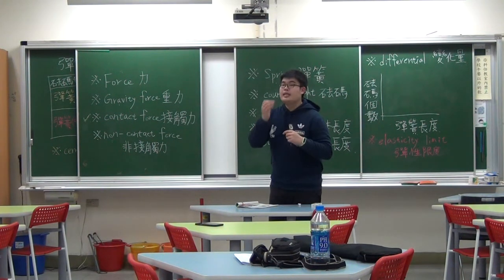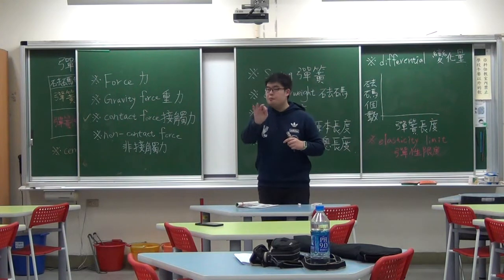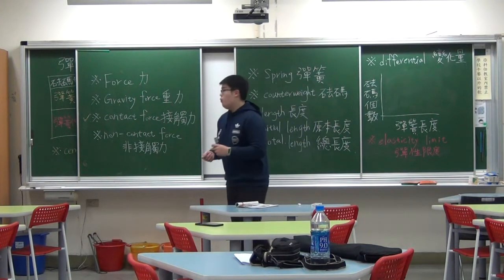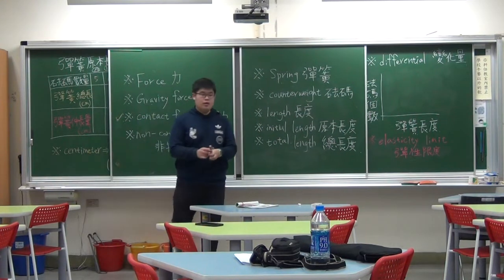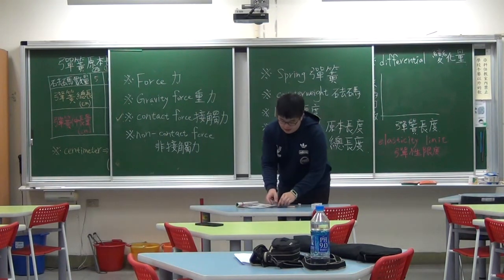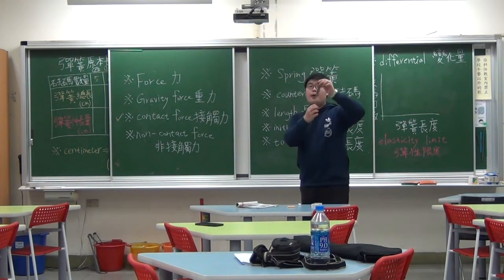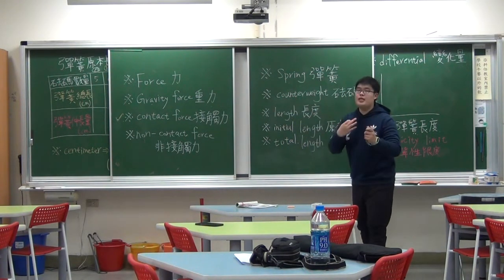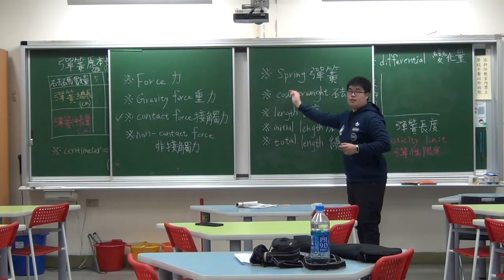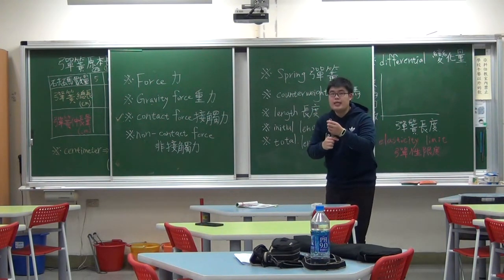You guys ready? Now we have four groups: A, B, C, and D. Now we have to measure the length of the spring by putting counterweights. Repeat after me. Counterweight. Counterweight under the spring.